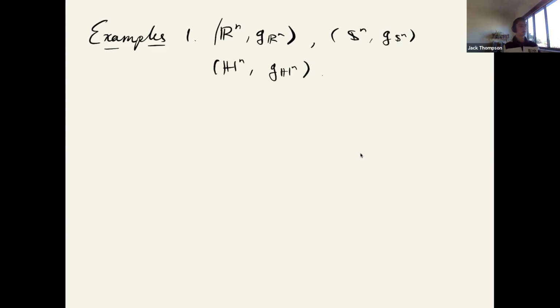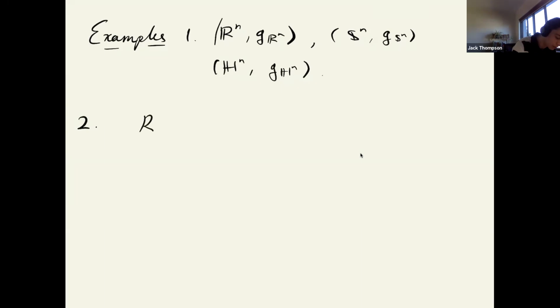Okay, but there are many, many more Einstein manifolds than there are manifolds with constant sectional curvature. For example, if I take the product of any of these manifolds with themselves, then I get another Einstein manifold.